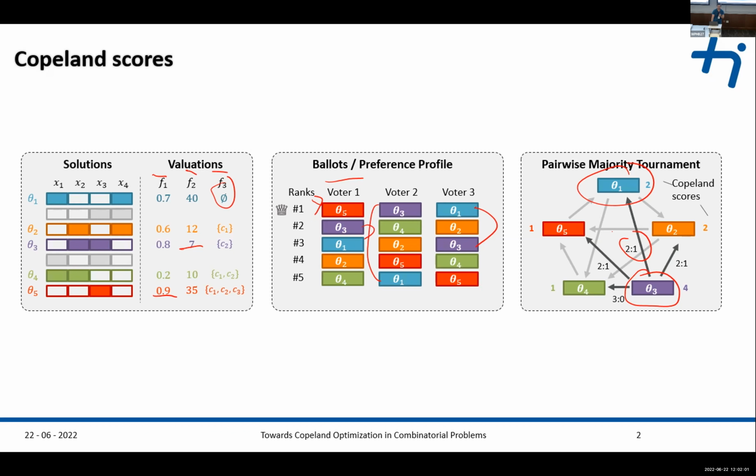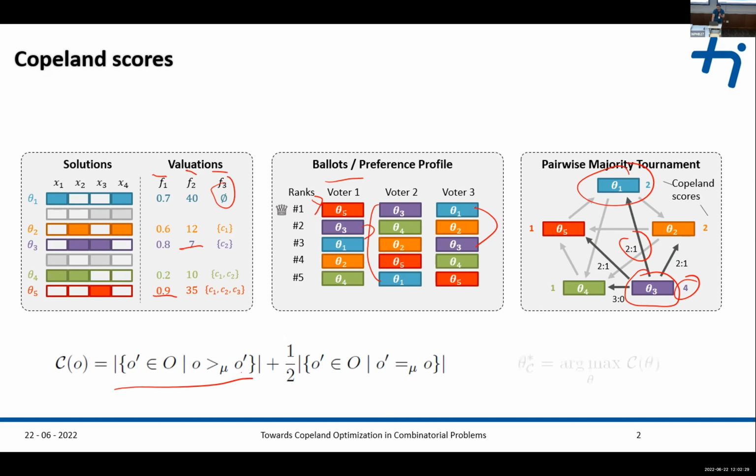So the next best thing we would like to do is look for an option that wins the highest number of duels. And this is the Copeland score, which essentially, and this is quite nice, it works with weakly ordered preferences. So you count the number of options that you strictly win against, plus half time you tie. So we don't have any ties in this little diagram, but that's the way the Copeland method operates.